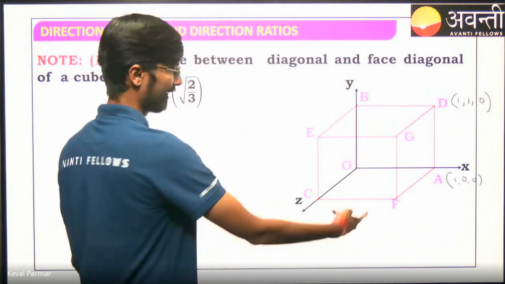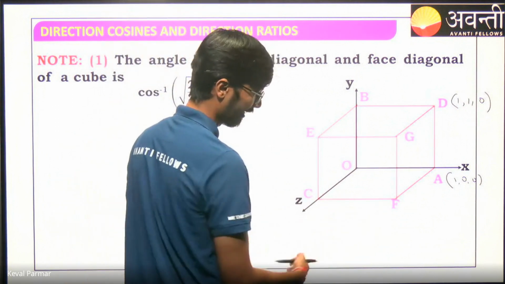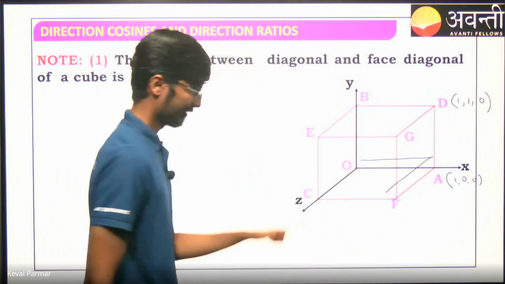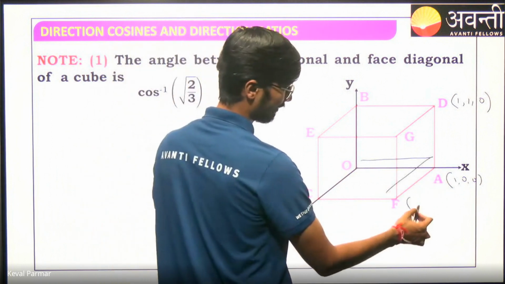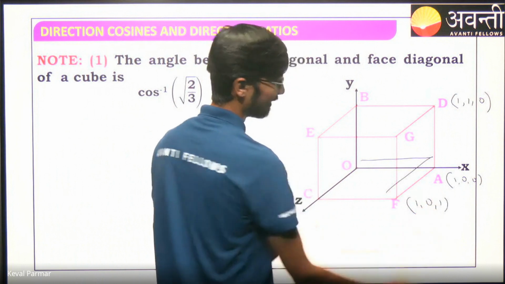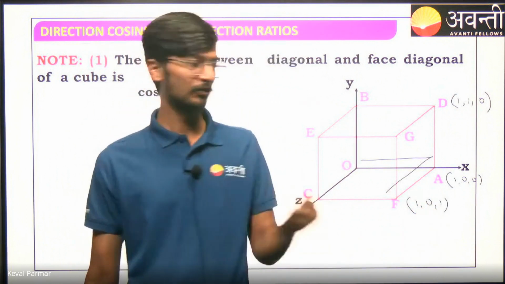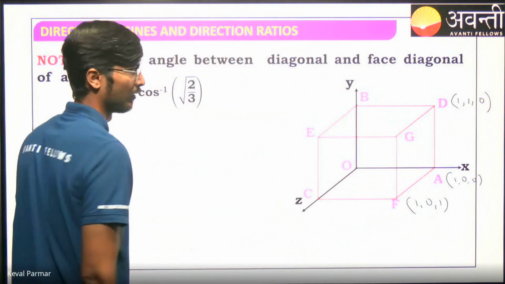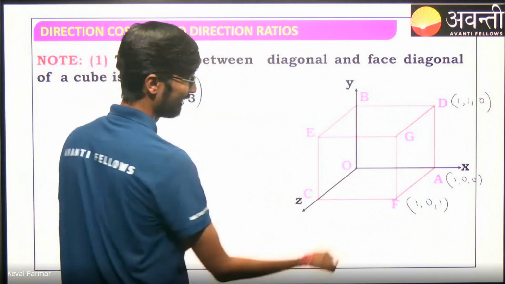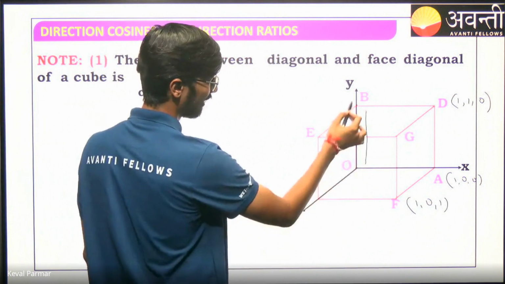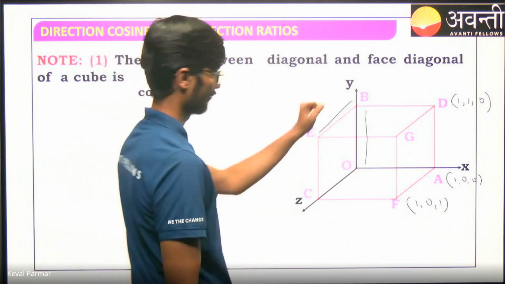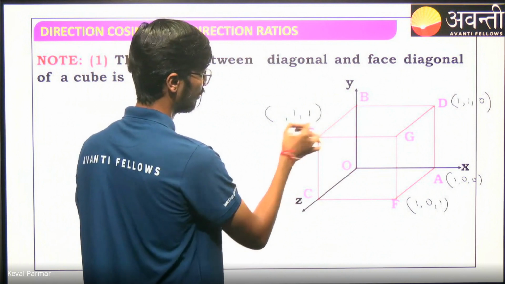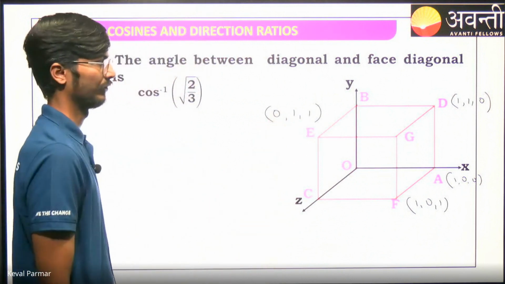What will be point F? For point F, I have to travel 1 on the x-axis and 1 on the z-axis, that means 1, 0, 1. Since I did not travel any distance on the y-axis, it is 0. Correct? What will be point E? I need to travel 1 on the y-axis and 1 on the z-axis, so y and z will be equal to 1, and x will be equal to 0.